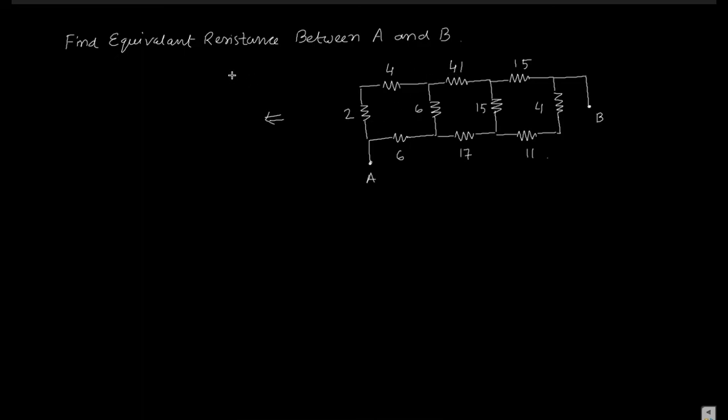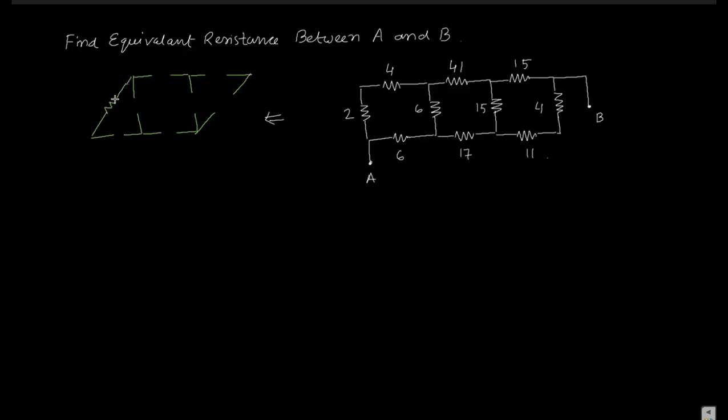So if you redraw this circuit, I'm giving you the hint, the rest of the part you have to solve at home. Here 15 is there, and you should convert the circuit, redraw the circuit like this.